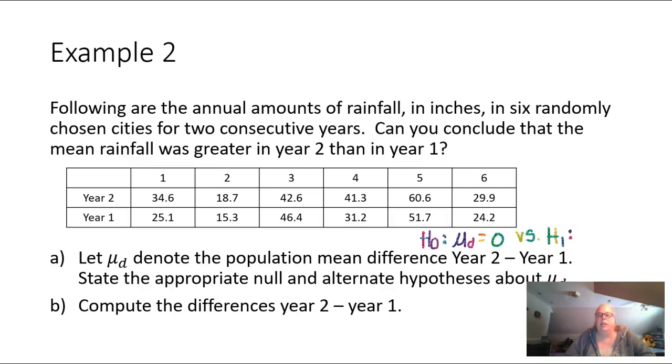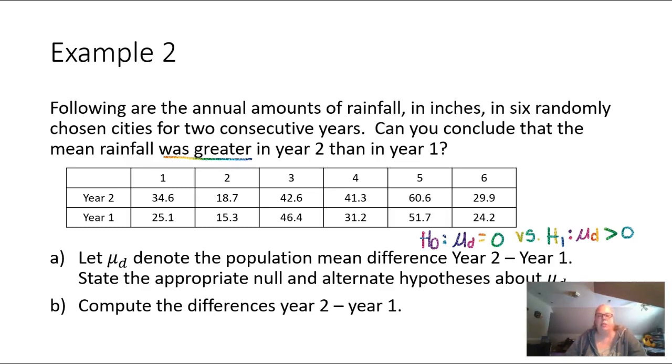Last sentence, can we conclude that the mean rainfall was greater in year 2 than in year 1? Well, if it's greater in year 2 than year 1, then we think that the mean of those differences has increased, and now it's going to be more than 0. So there are my null and alternate hypotheses.